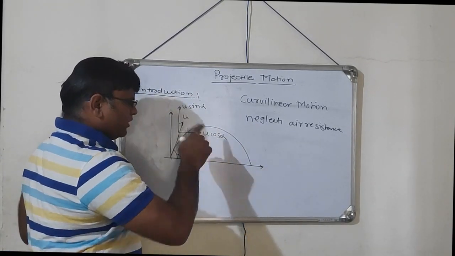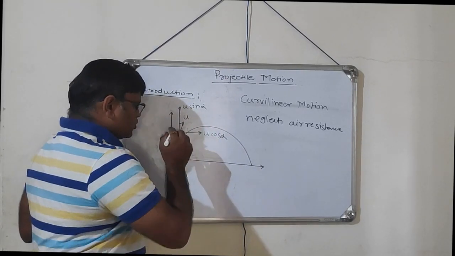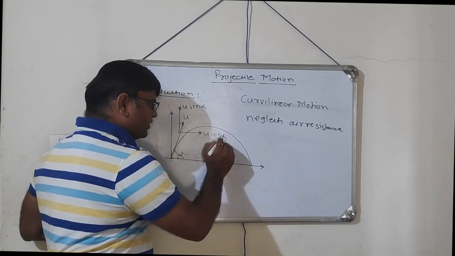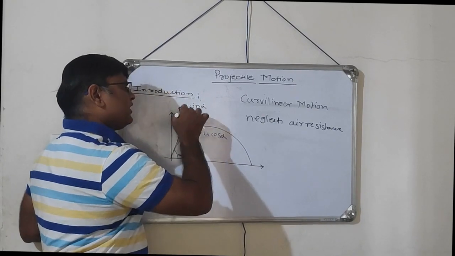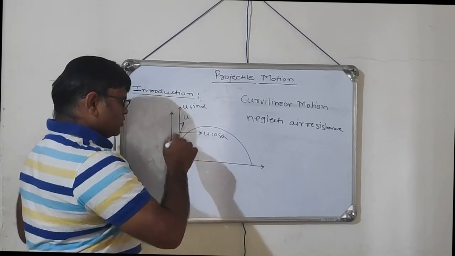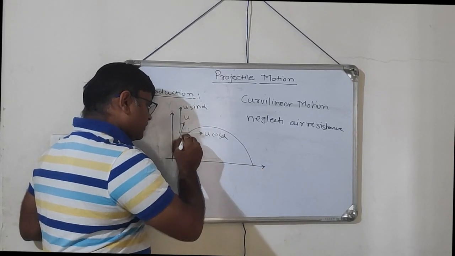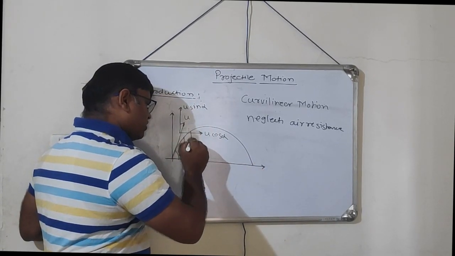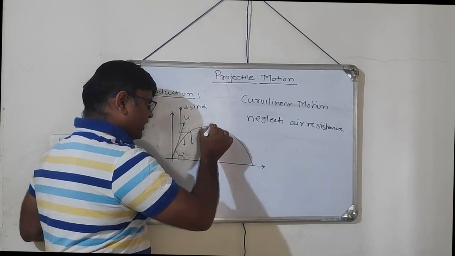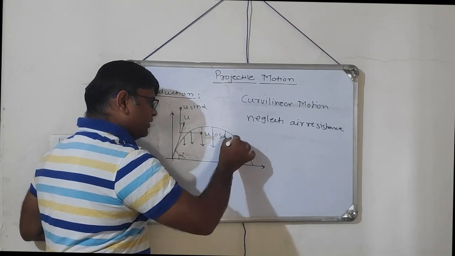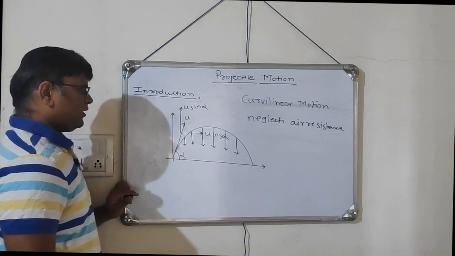One is the horizontal component and the other one is the vertical component. The horizontal component of the velocity is u cos alpha, and the vertical component is u sin alpha. In projectile motion, the particle is under the action of gravity, or we can say the gravity force is acting in the vertical downward direction, as we know.